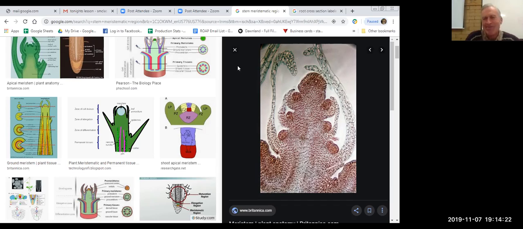Here's a picture of the apical meristem of a stem. On the end, the apical meristem is the reddish blob, and the greenish things that are arching up over it are the beginning of leaves, and then there are buds along the side of the stem above each leaf.